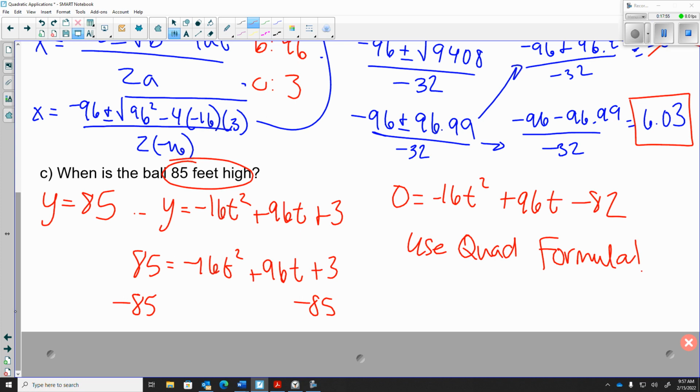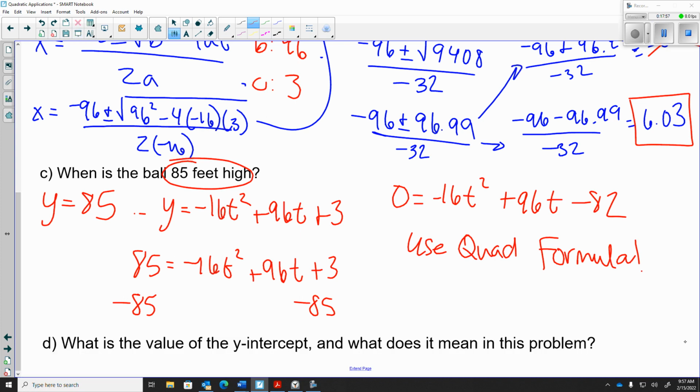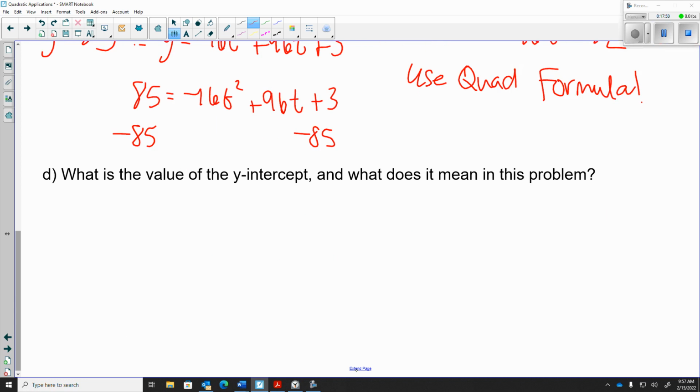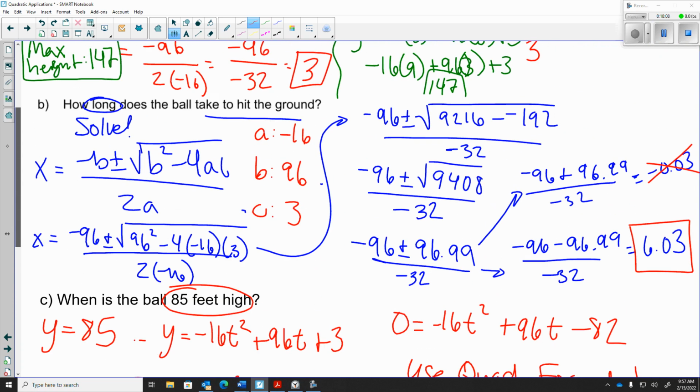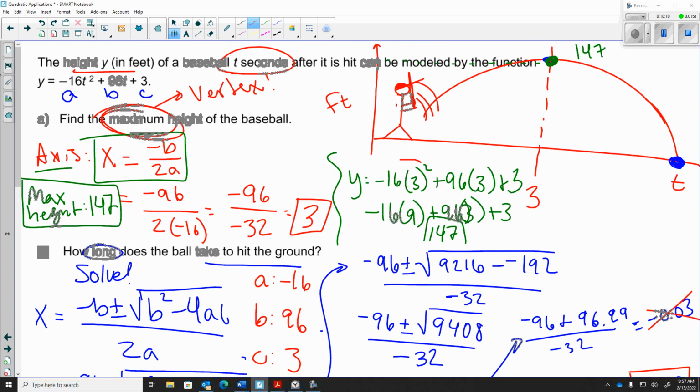It asks me, what is the value of the y-intercept? And what does it mean in this problem? Well, let's think about our situation. Brandon, you already talked about this a little bit. Where does the y-intercept happen? Remember what's going on? It's where he hits the ball, right? He hits the ball, that's when it starts. That's the starting point of the ball's trajectory.